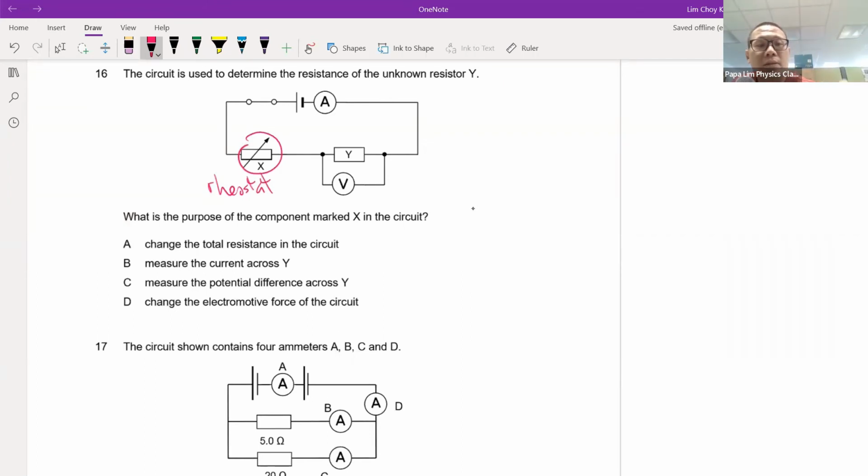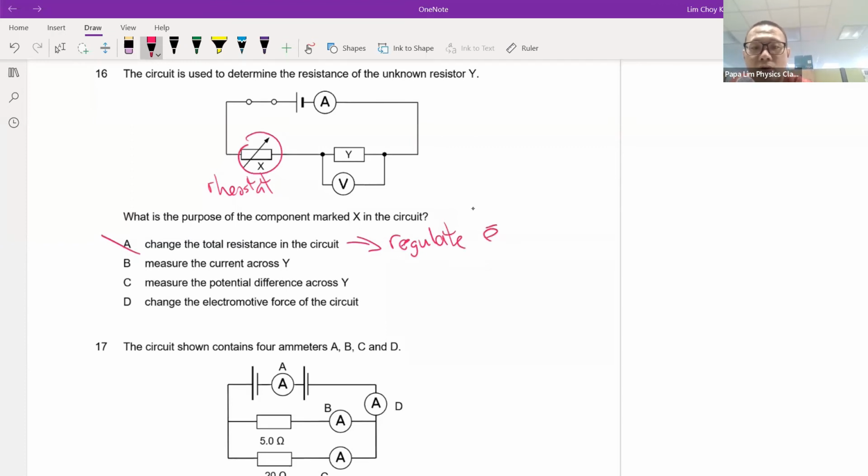Variable resistor, the main purpose, like what the name mentions, is that I want to vary the resistance. The main purpose is to change the resistance of the circuit. And indirectly, what I'm trying to do is adjust or regulate the current flowing in the circuit.